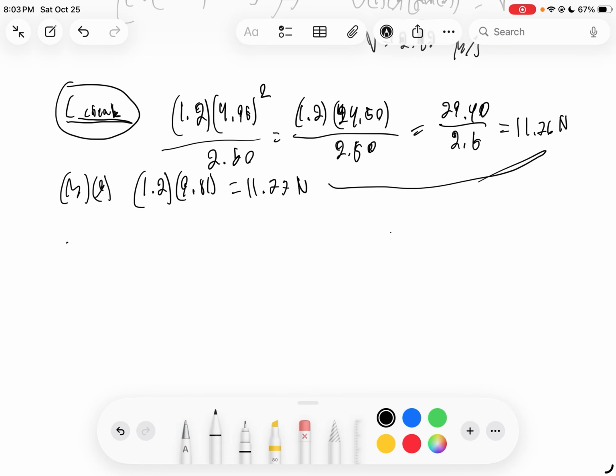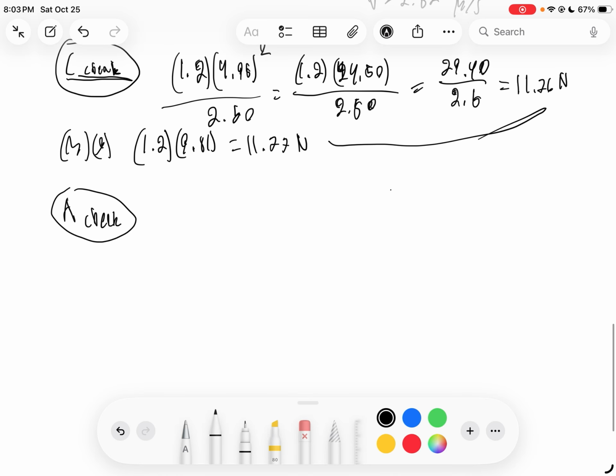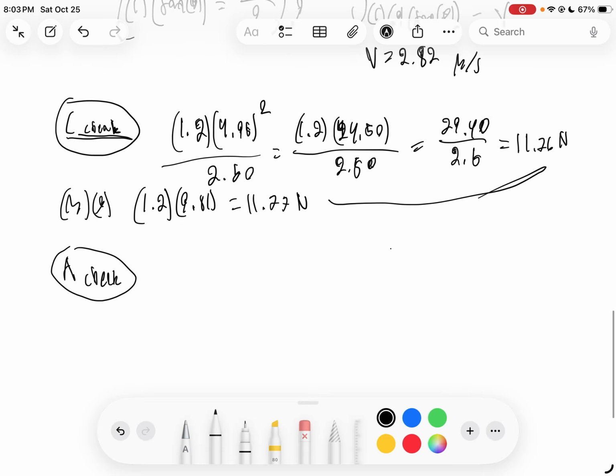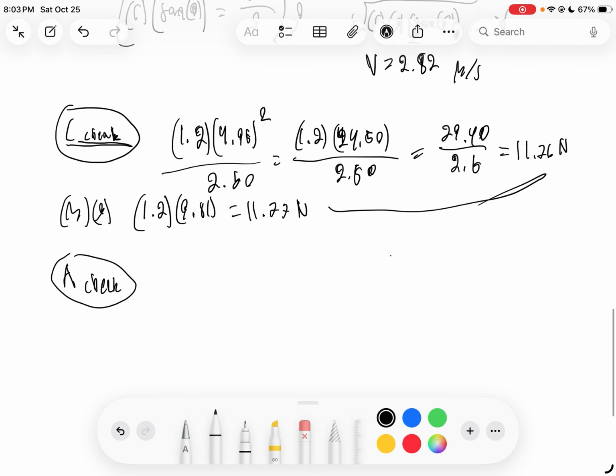So for the A check, I also do want to mention you don't have to write this out like A check. Obviously, this is how I'm organizing it. Do whatever you want, just as long as you can understand it. I should have mentioned this before, units. The mass of the model plane was 1.2 kilograms.